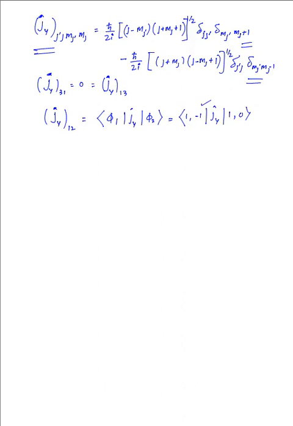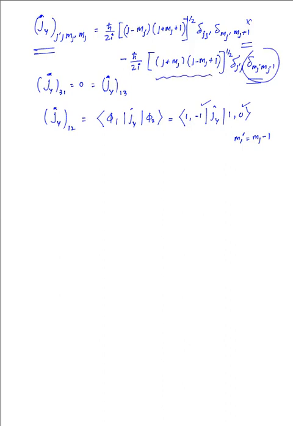Here, as you can see, mj prime is equal to mj minus 1, so we use this case because this case is valid and the other is invalid.